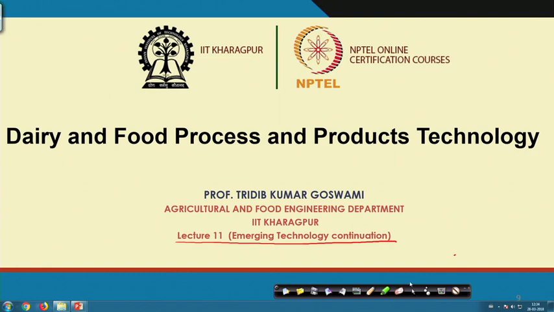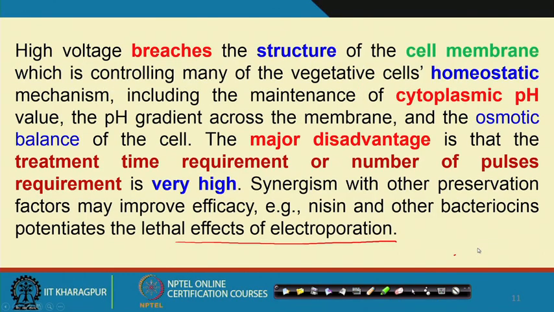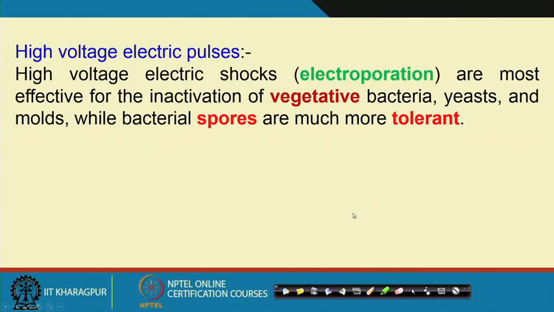So, if we look into this, then we see that the previous one was like this. That high voltage electric pulse.